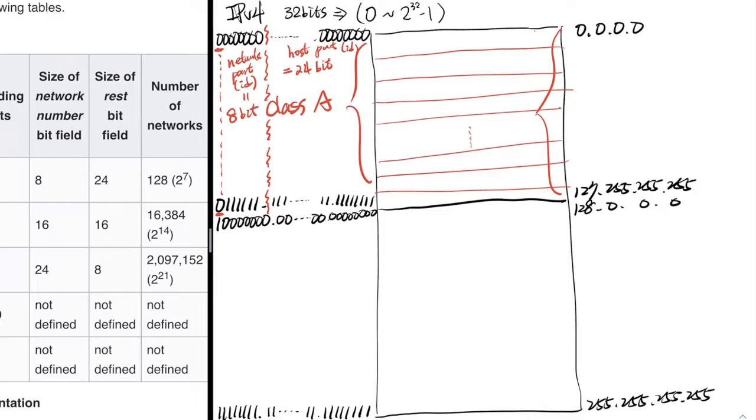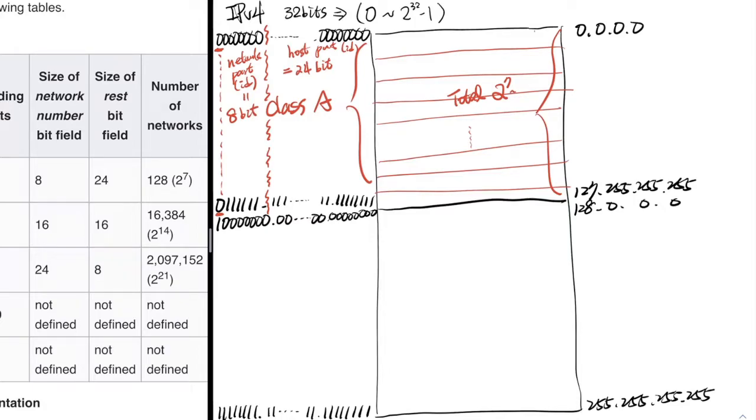All the IP addresses in class A have a single leading bit 0, right? So this first bit is the same for all the IP addresses in class A. So basically, you have only 7 bits that can uniquely differentiate different subnets in class A. So in total, we have 2 power 7.